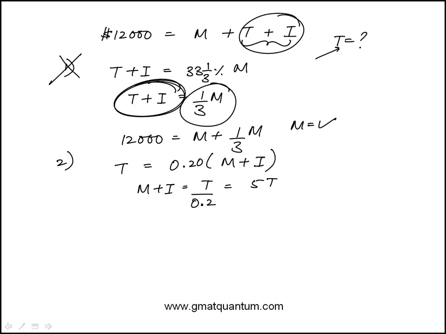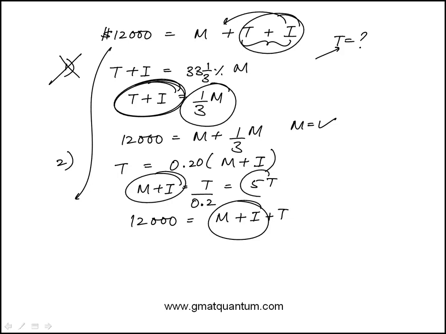So I'm going to actually rewrite this relationship. 12,000 is equal to M plus I, which I'm moving over here because I know that M plus I is equal to 5T. So this is equal to 5T plus T. We have an equation with one unknown, which is T here, and we can solve for T. So statement 2 alone is sufficient.